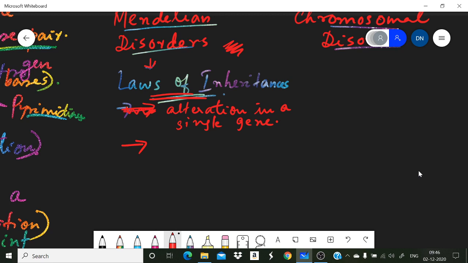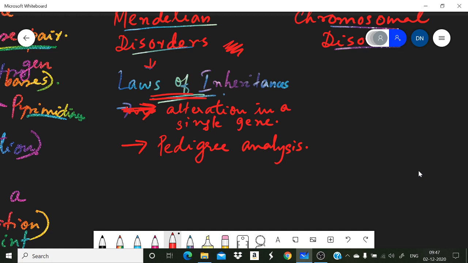They happen by any mutation or alteration in a single gene. They can be transmitted from generation to generation, and can be traced or diagnosed by pedigree analysis.